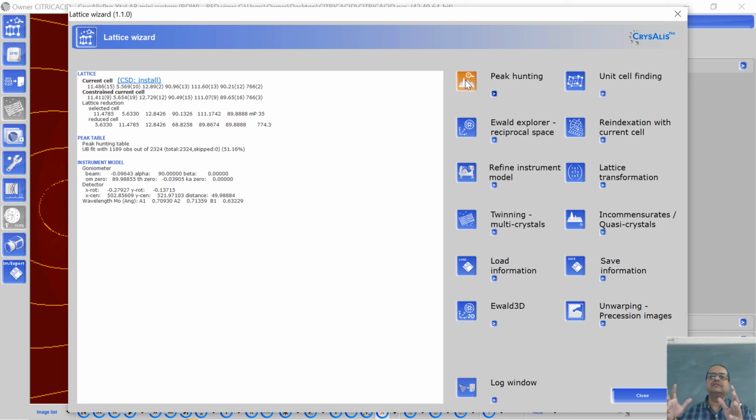But in some cases, that number of frames may be very large, 2000, 3000 frames, and it may give you 20, 30,000 reflections. So then the indexing software also will struggle with so many reflections. So normally one can go and click peak hunting with user settings.